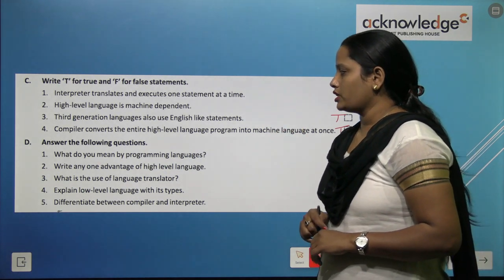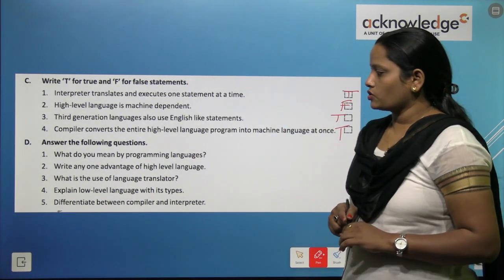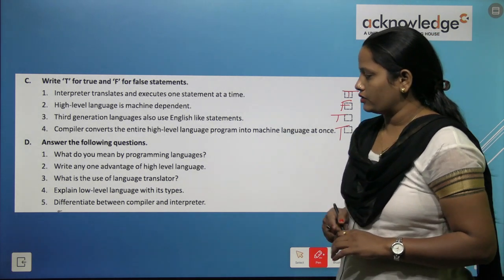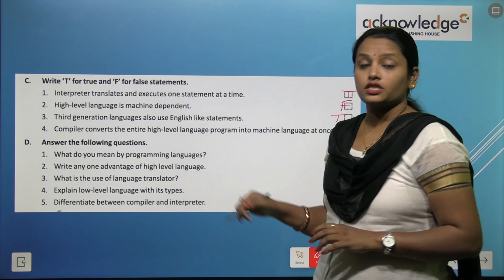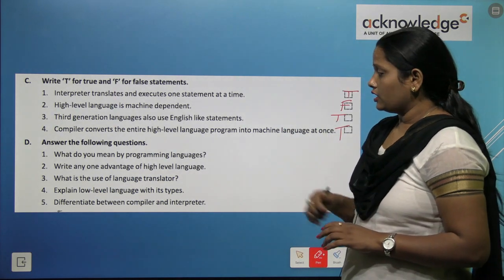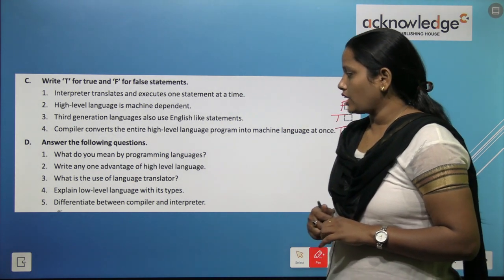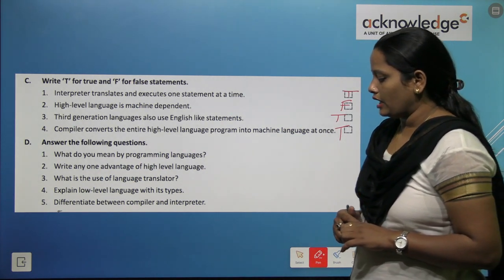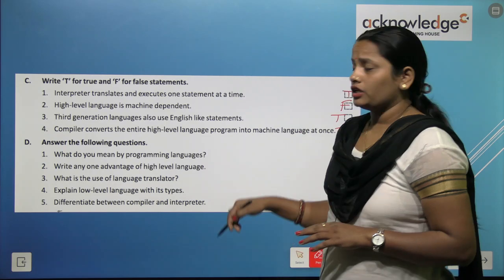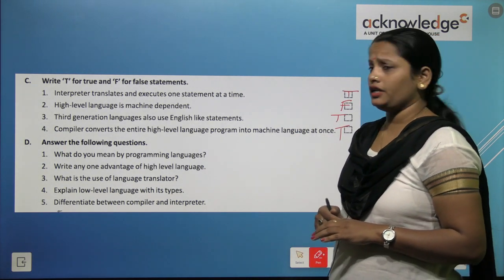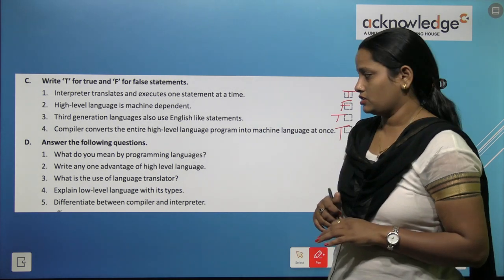Next comes question and answers. So first question is, what do you mean by programming language? So programming language is a special language that is used to communicate with the computer. Next is, write one advantage of high level language. One advantage of high level language is that it is very user friendly and it is machine independent.